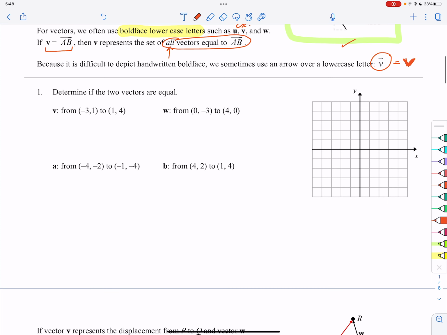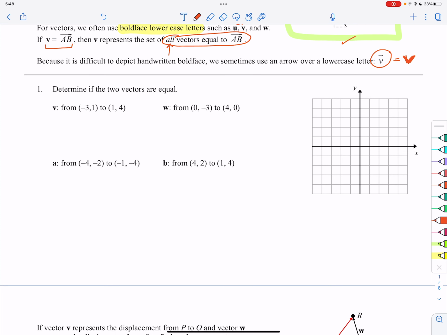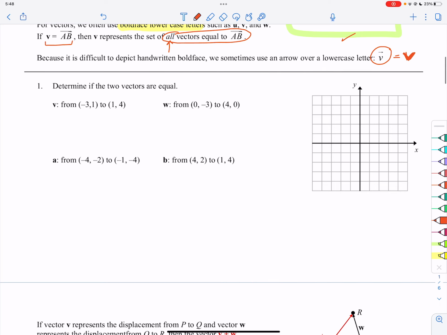Okay, determine if these two vectors are equal. So V, let's go ahead and take a look, from negative 3, 1, there's their initial point, to 1, 4 is the terminal point.